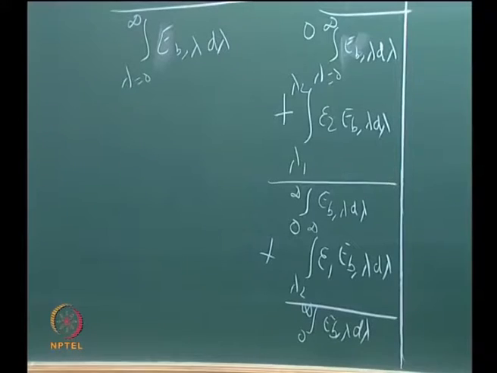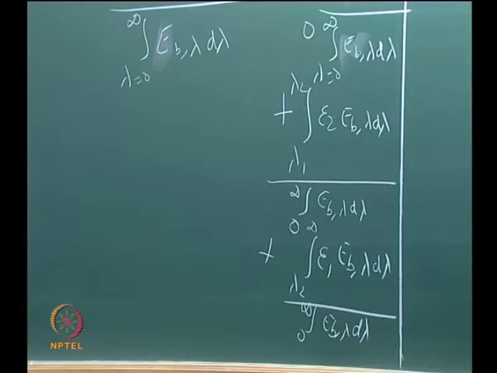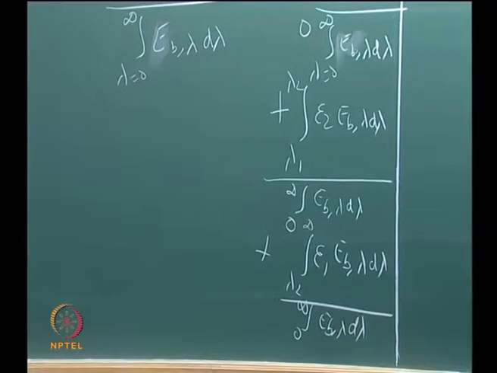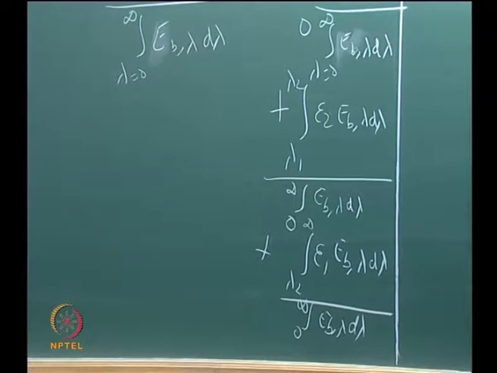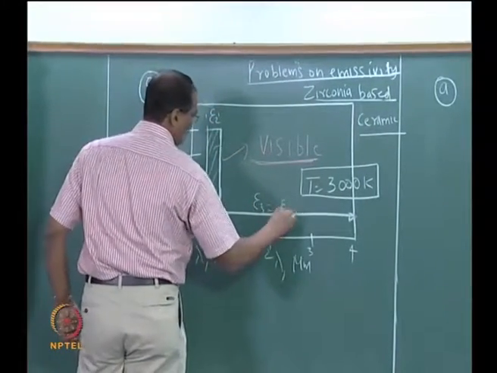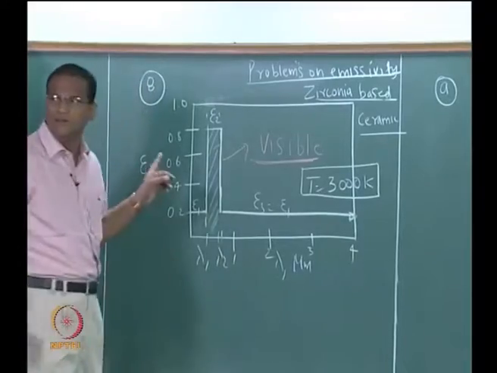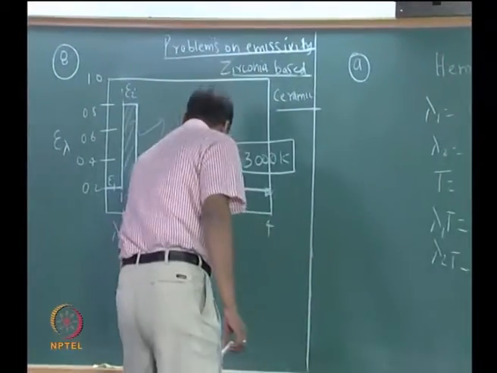There are 3 terms. Epsilon 3, I have put epsilon 1. Epsilon 1 equal to epsilon 3. Agreed? 0.2. Now we will have to use the f function chart.